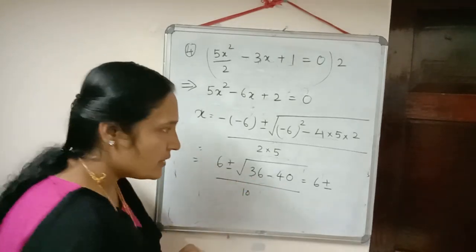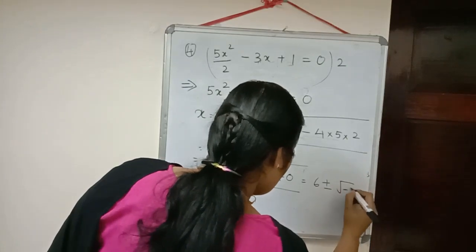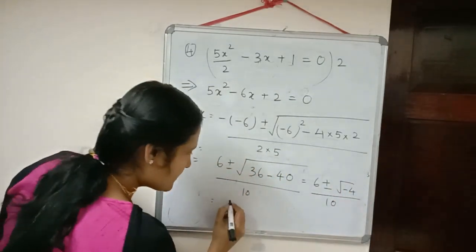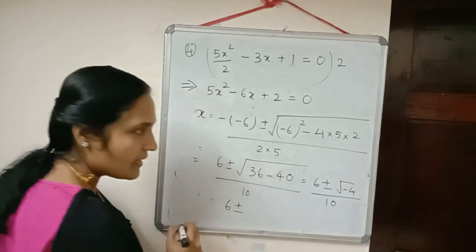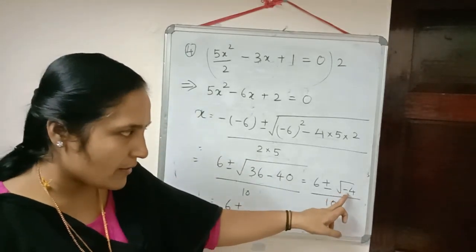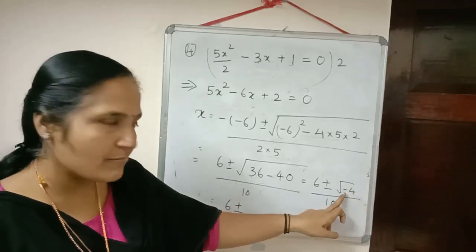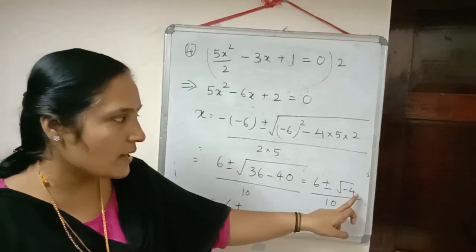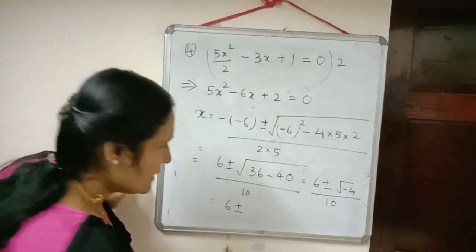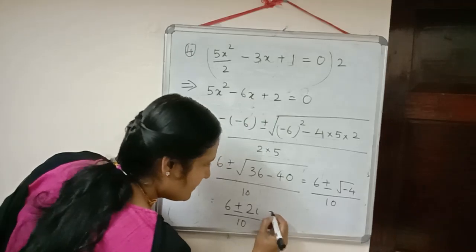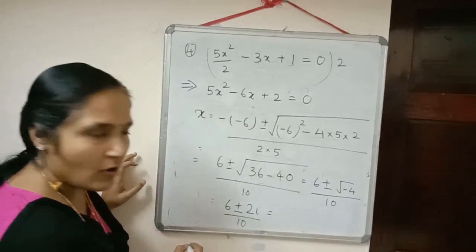So that will be equal to square root of minus 4 by 10. And what is square root of minus 4? We will rewrite it as square root of minus 1 into square root of 4. Square root of minus 1 is i, and square root of 4 is 2. So it can be written as 2i by 10. So again, if you want you can take 2 common there.